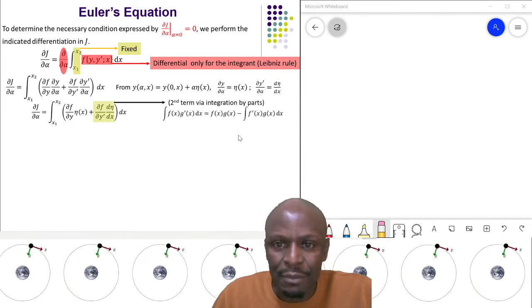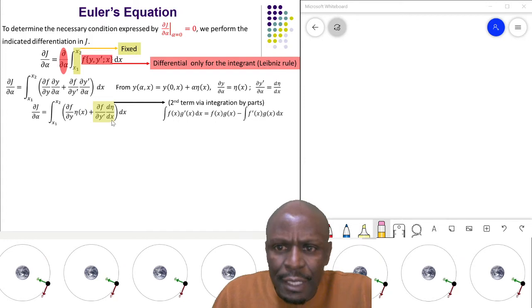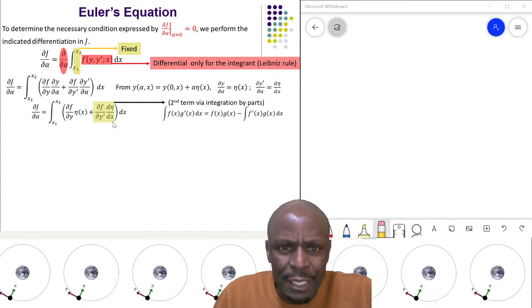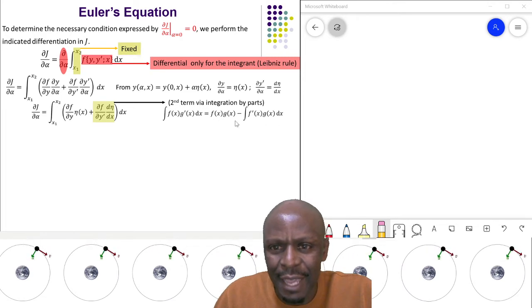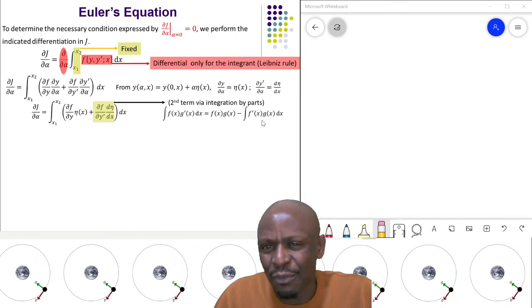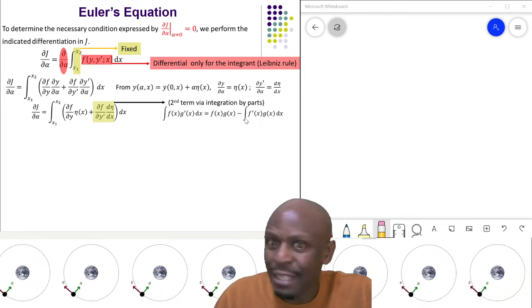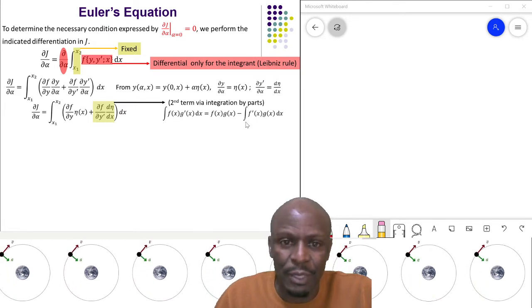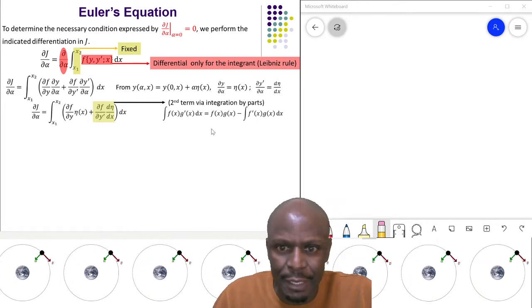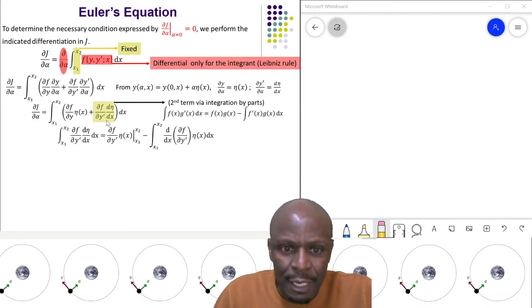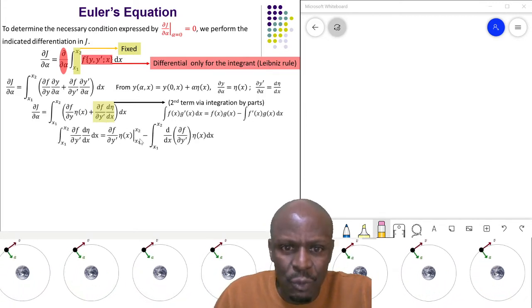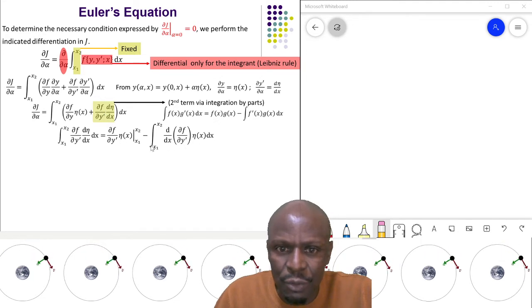Now the second term can be integrated using integration by parts, and the equation for integration by parts is given by this. I really like this one instead of the u dv and stuff like that, so I prefer this one. But you can also do it the way you understand it. Now if you do the integration by parts on the second part, this is what you are going to have.